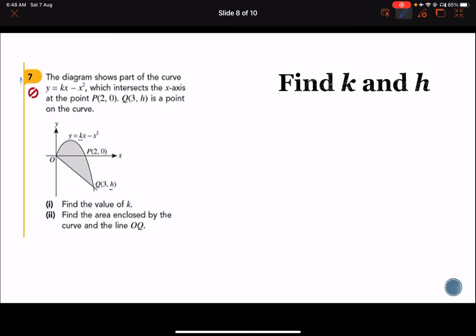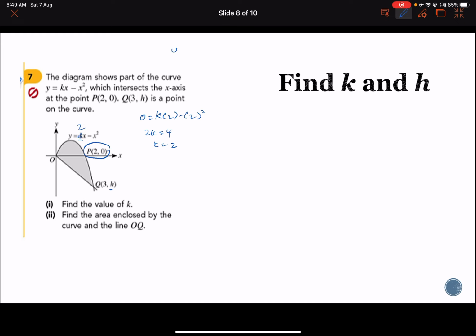They have given you the equation y equals kx minus x squared, and they have given you a clue: P is (2, 0). So when x is 2, y is 0. So 2k equals 4, so k equals 2.